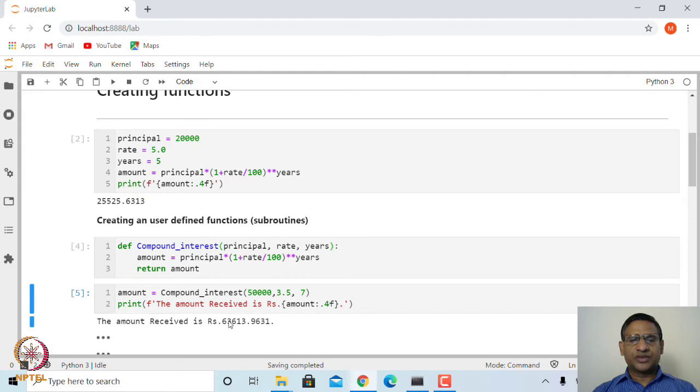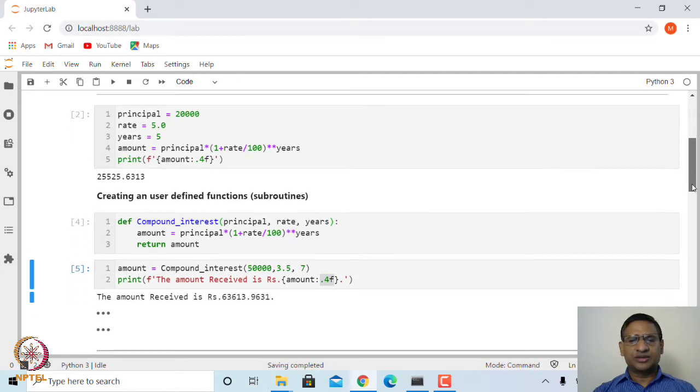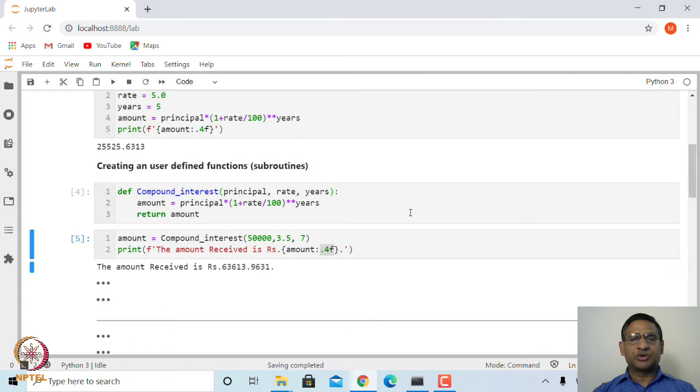So, this is 63,613.9631, and of course, we are printing only 4 decimal places. You can print more decimal places, or you can print a significant number of digits. All these possibilities are there.